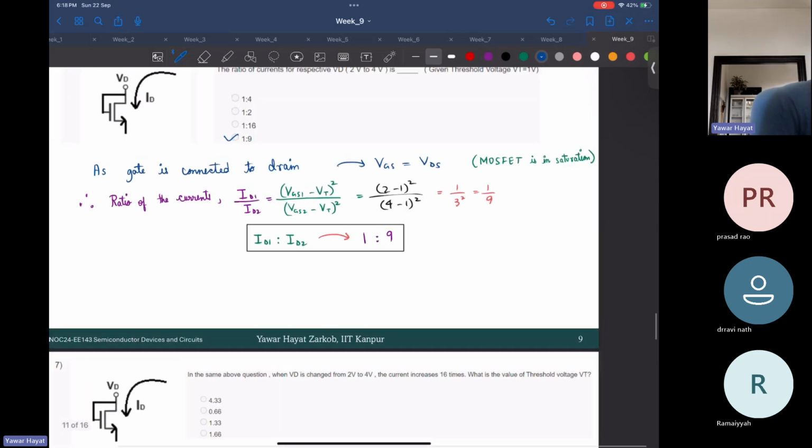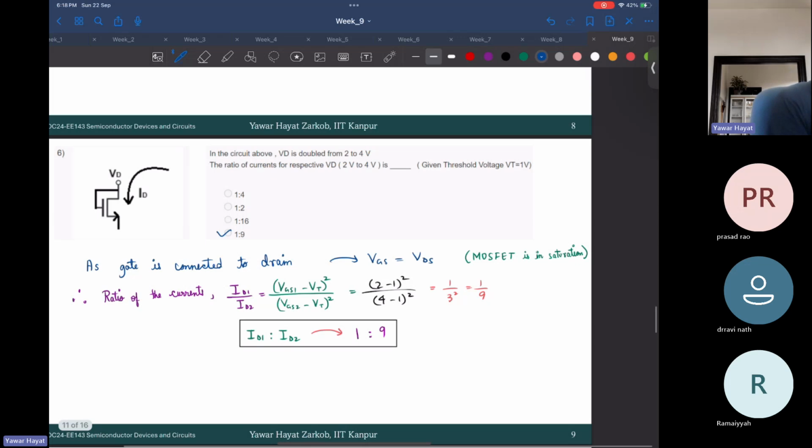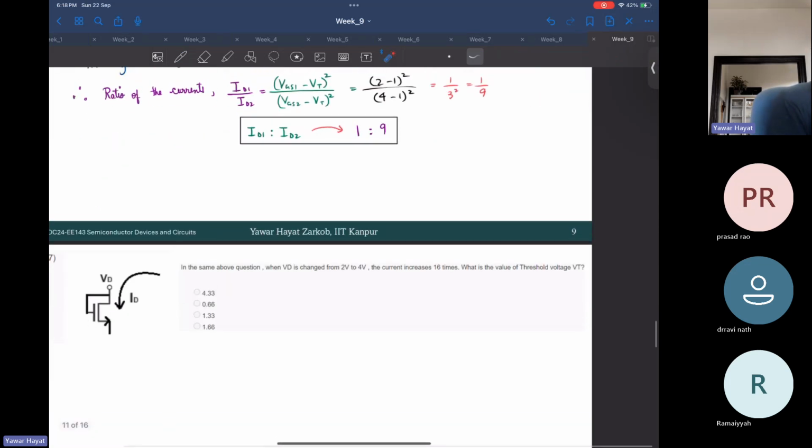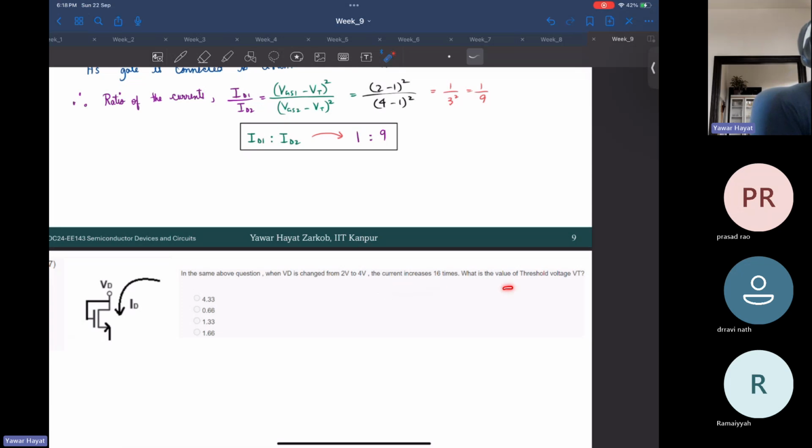The difference between the two questions is earlier we were given VT and asked to compute the ratio of the currents. Now we are given the ratio of the currents and asked to compute VT. Trivial question, right? Those of you who were following should be able to answer this one easily.